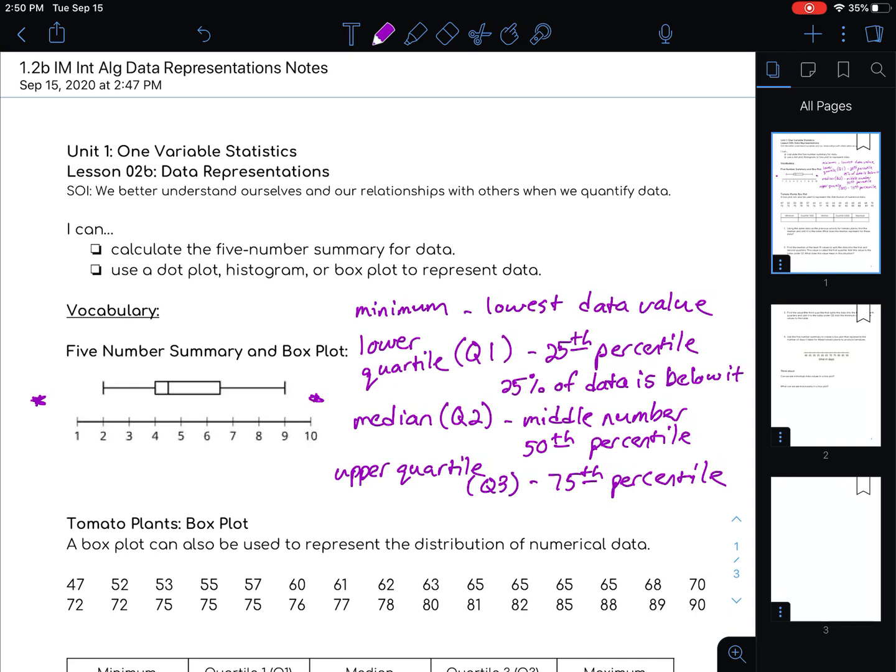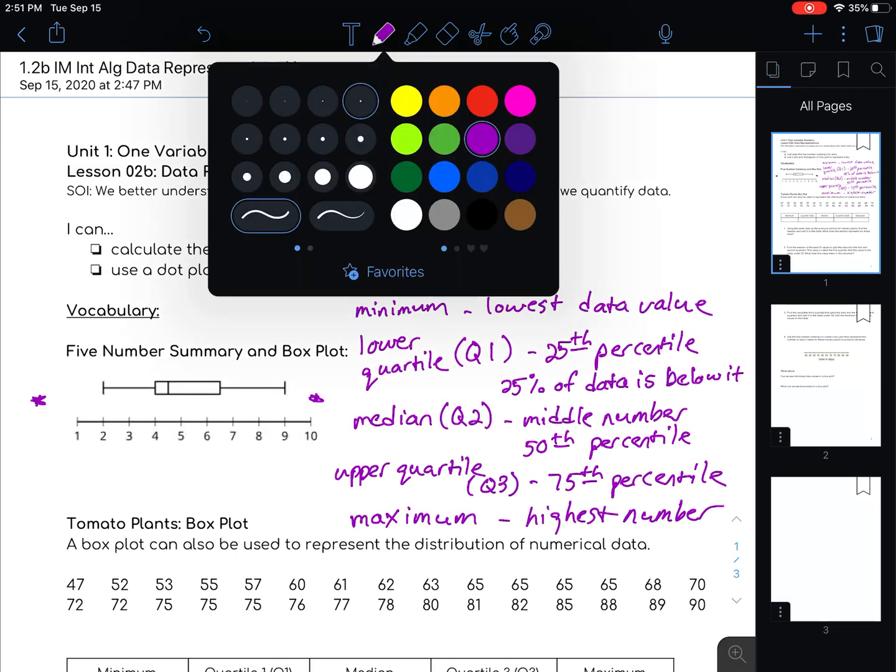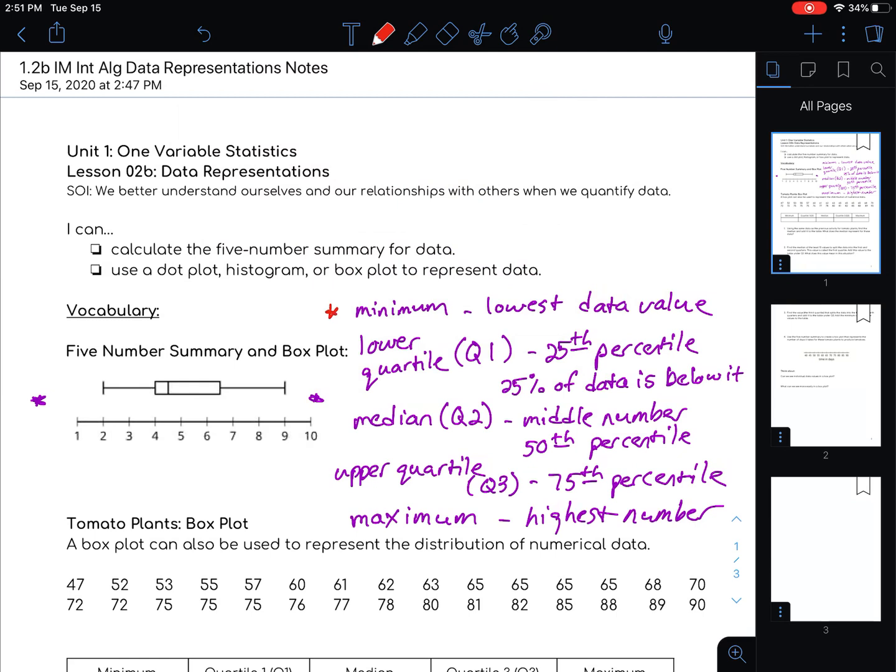So if you're in the Q3, the 75th percentile, that means 3/4 of the numbers are below it. And then we have the maximum, and that is going to be our highest number, our biggest number on the data. So this is our 5-number summary then. Notice there's 5 pieces to it: the minimum, the lower quartile, the median, the upper quartile, and the maximum.